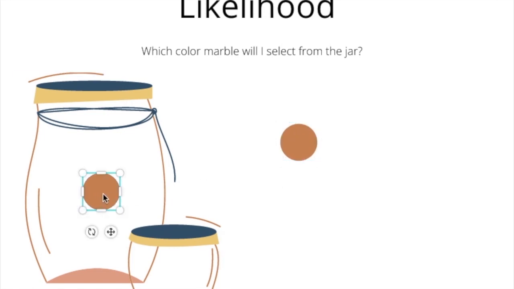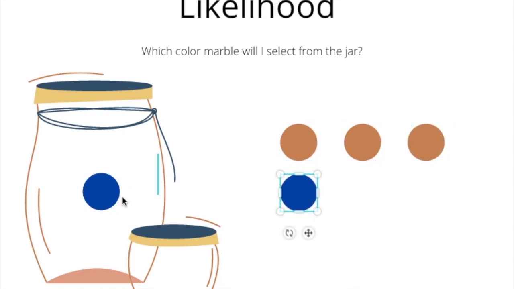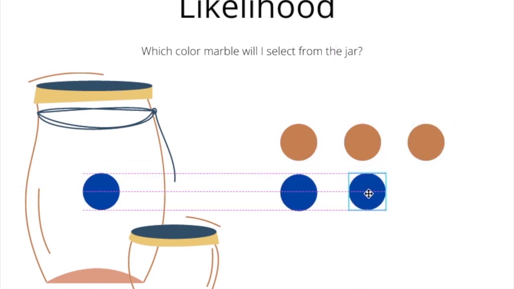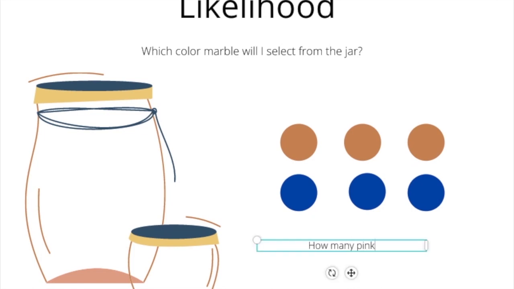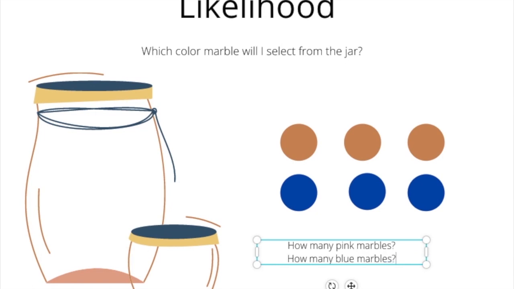So here are the pink marbles that we're pulling out of the jar, and now the blue ones. And as we can see, 3 of the marbles are pink and another 3 of the marbles are blue, so the likelihood of picking out a pink marble is not certain anymore. Since they are split equally, it is now equally likely that you will pick out either a pink or a blue marble.